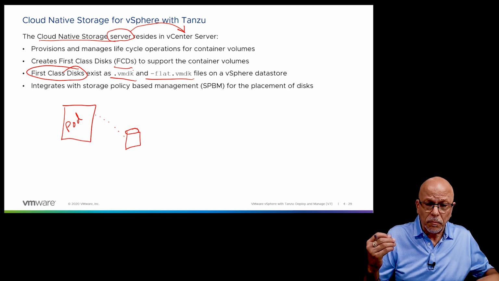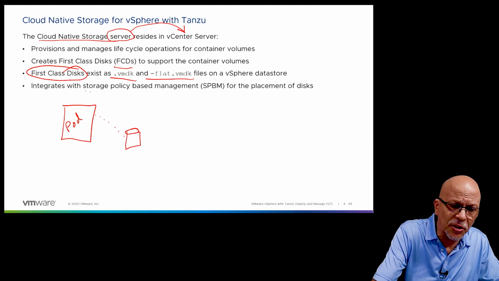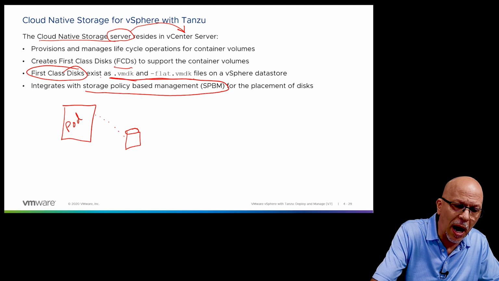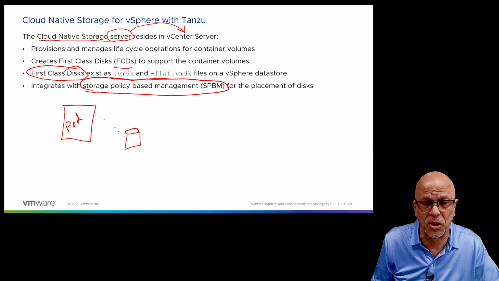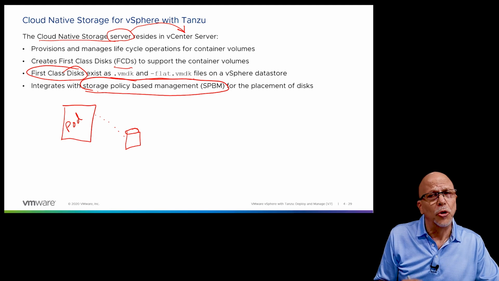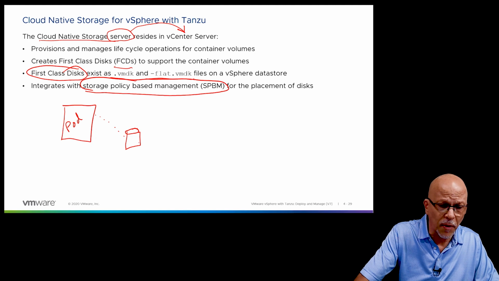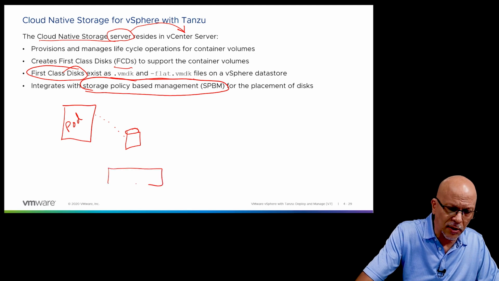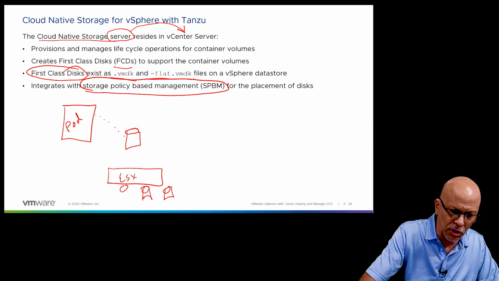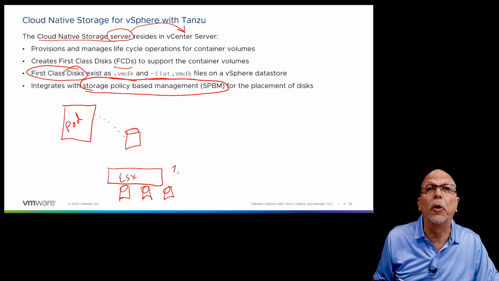Now, this is going to integrate with our existing storage policy-based management system, SPBM, that's going to steer us to which data store we're supposed to be putting this disk on. So down here on my ESX host, he might have access to a series of different data stores. The question is, which data store does he put it on?